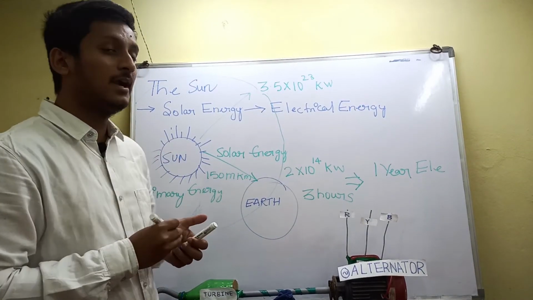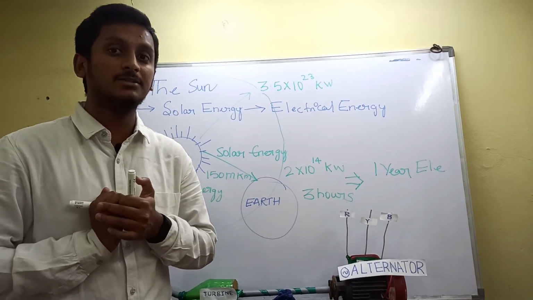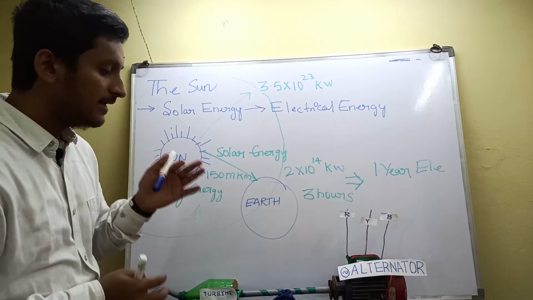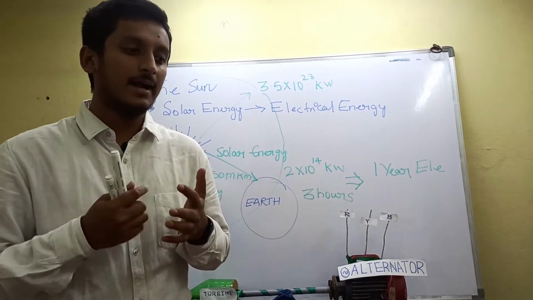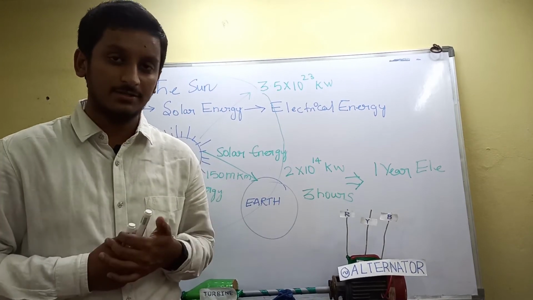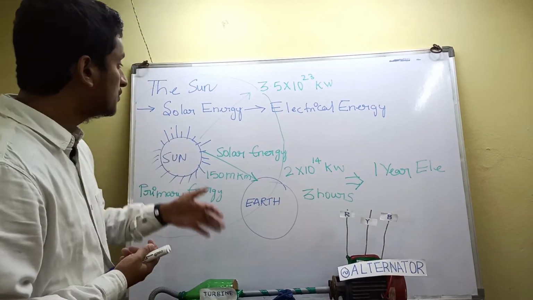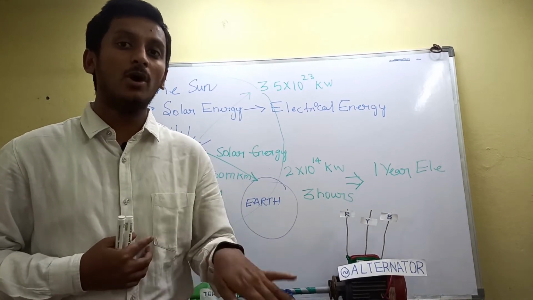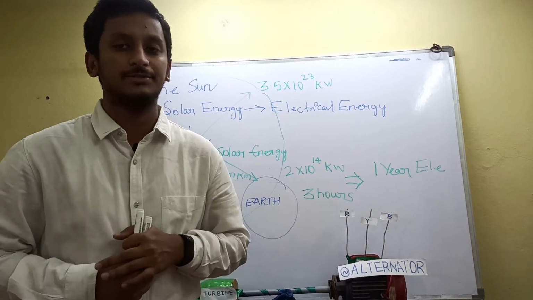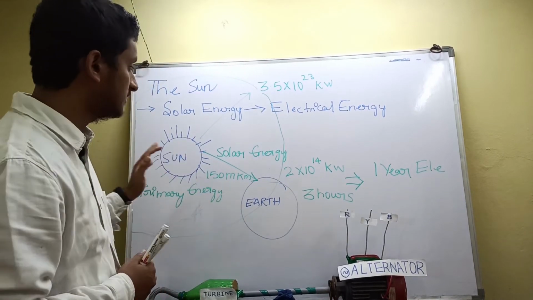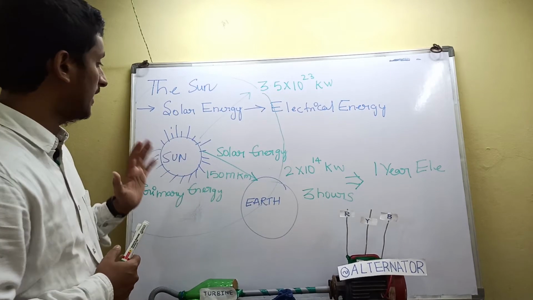You can understand how important solar energy is. That is the reason why scientists are now deciding to use the maximum of the solar energy. And solar energy is the most promising energy among the non-conventional energy sources. This is all I can say about solar energy.